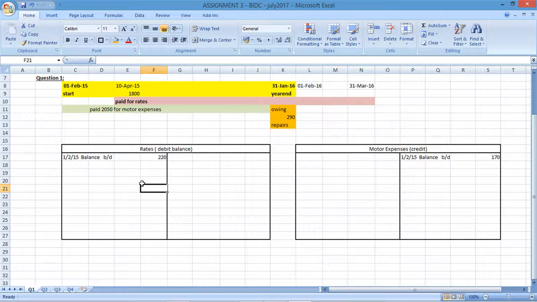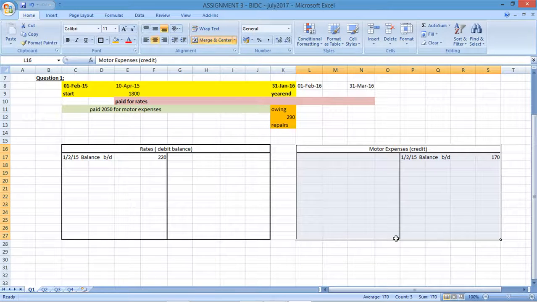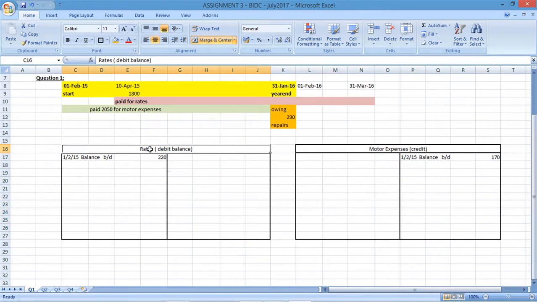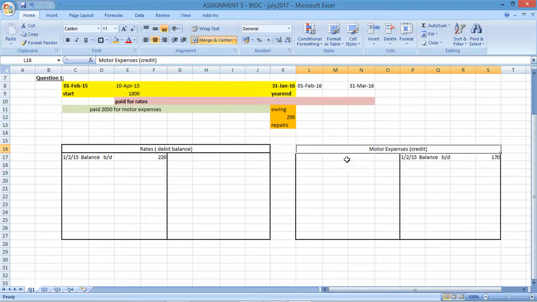Okay, so we need to differentiate between rates that are prepaid and rates that are an expense. Here they told us this was rates debit balance. Then they told us motor expenses with a credit balance. So they're telling us those actual accounts have a debit or a credit for that specific type of account. So here rates would be an expense and that will also be an expense, but we've got two different balances.